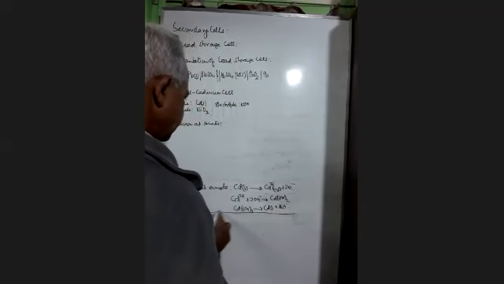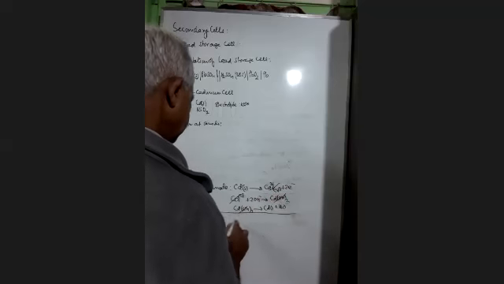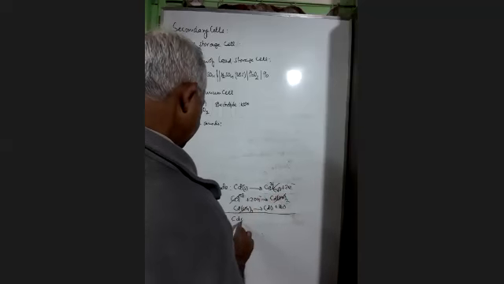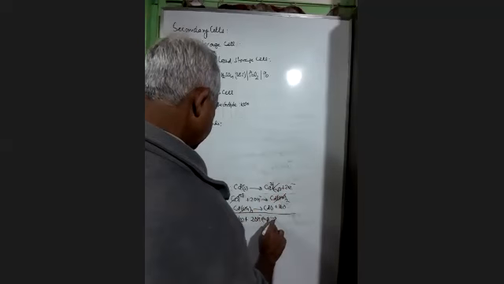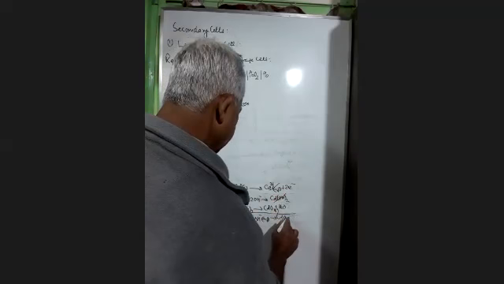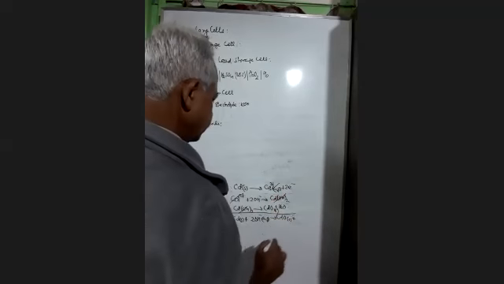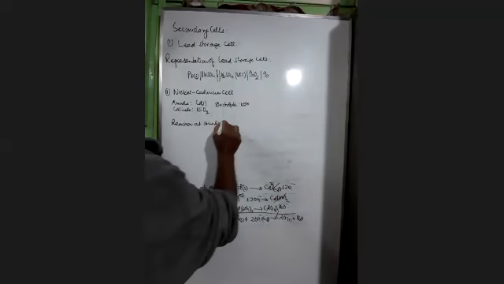Let me add it. So you will get now here cadmium plus 2OH aqueous will give you cadmium oxide and H2.